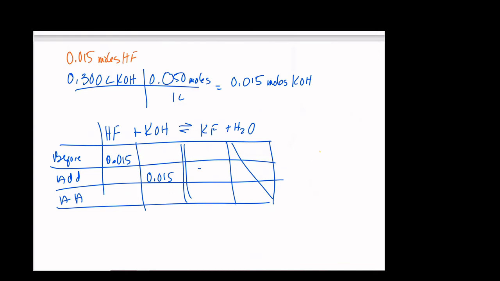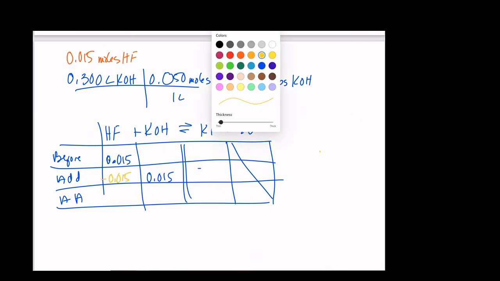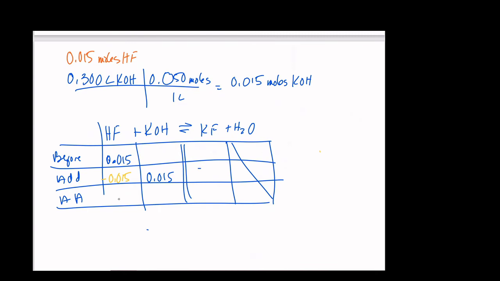It's going to completely deprotonate the HF. So we're going to lose 0.015 moles of the HF. So we end up with 0 of this. All of our KOH reacts, so we got 0 of this. We end up with 0.015 moles of our fluoride. And that is actually our weak base.